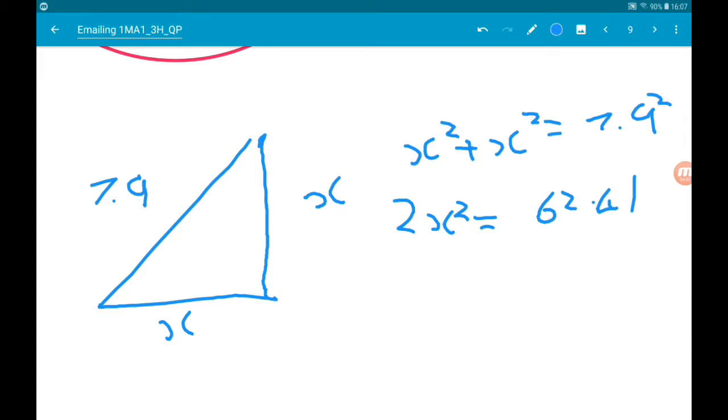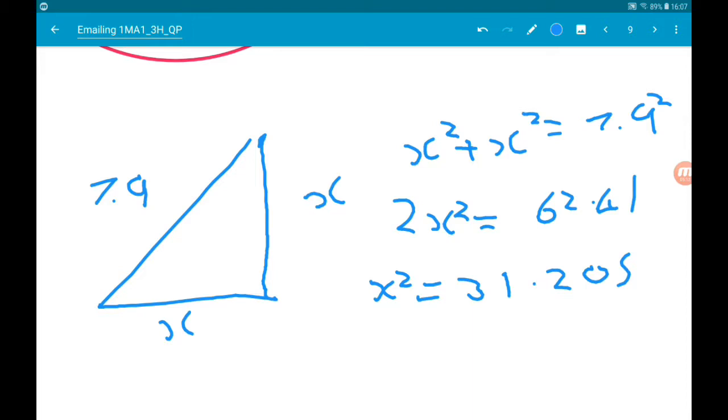So we now want to solve this for x, so divide by 2. So x squared is 31.205.